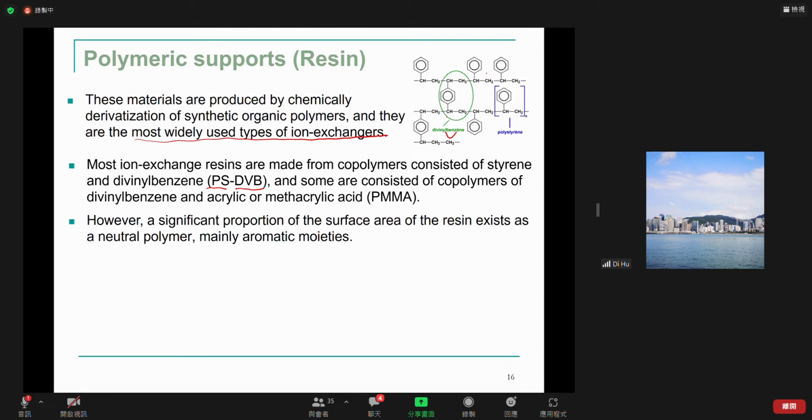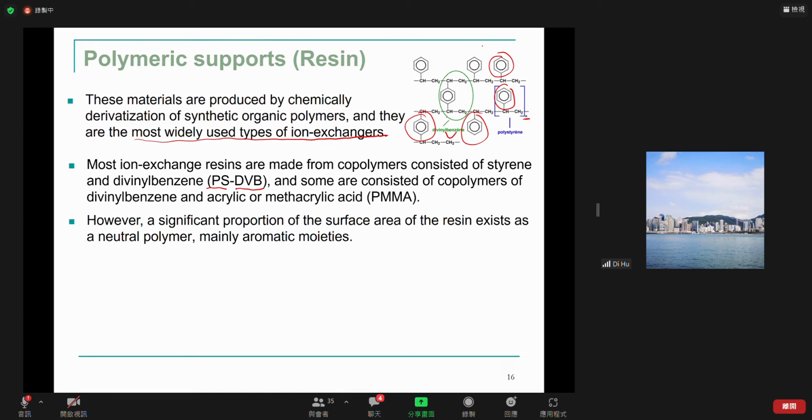But if you look at the structure here, even though you have the chemically derivatized charged functional group on it, if you look at the matrix, there are so many aromatic groups here. That means a significant portion of the surface area of the resin exists as a neutral polymer.